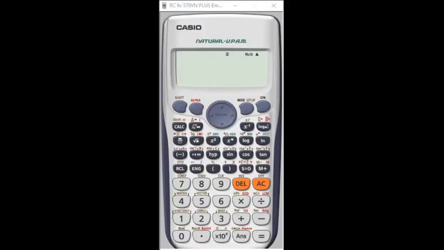Now we are required to put the complete equation on the scientific calculator, and for this we will start by putting the value 13,000.